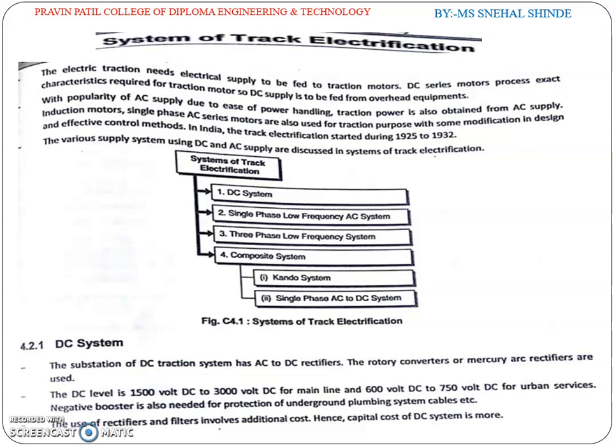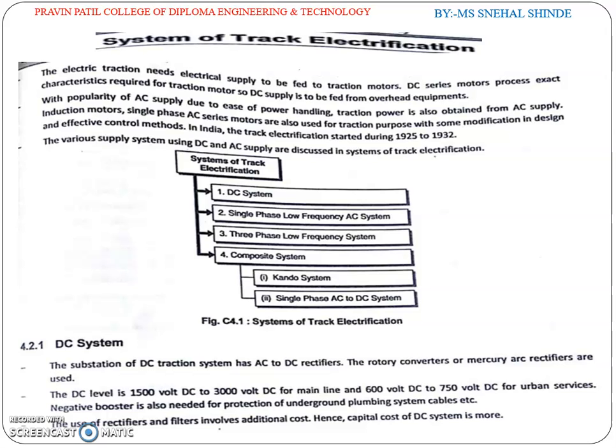In India, track electrification started during 1925 to 1932. So the various supply systems using DC and AC supply are discussed in the system of track electrification.